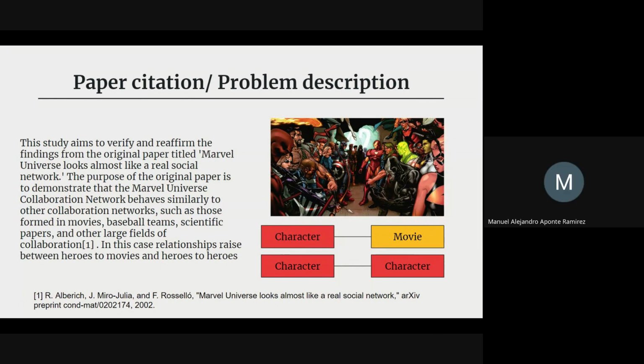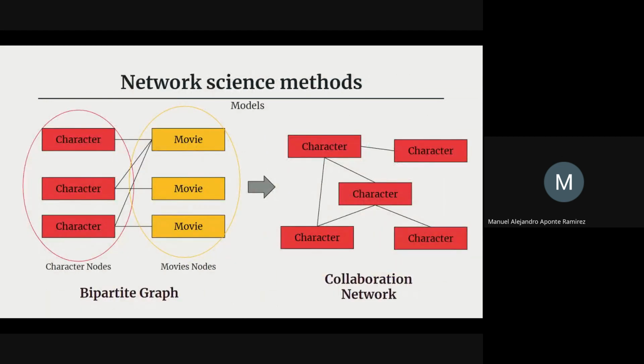Okay, so the general idea is to check if the Marvel Universe collaboration network is similar to real-case networks. In this case, we first have a character and a relation with a movie, and after that we could model a character with character relations. The models in this paper are two.